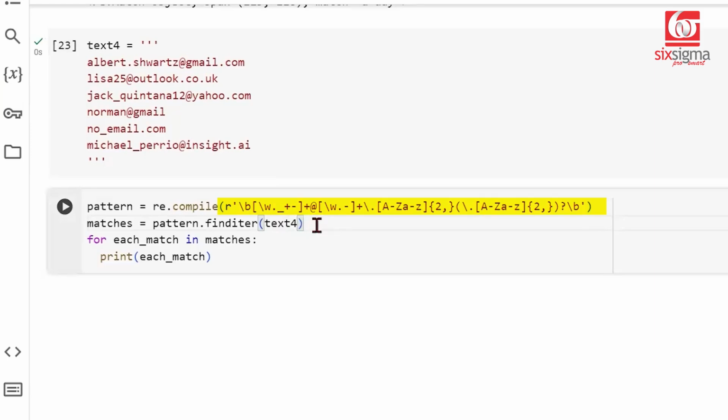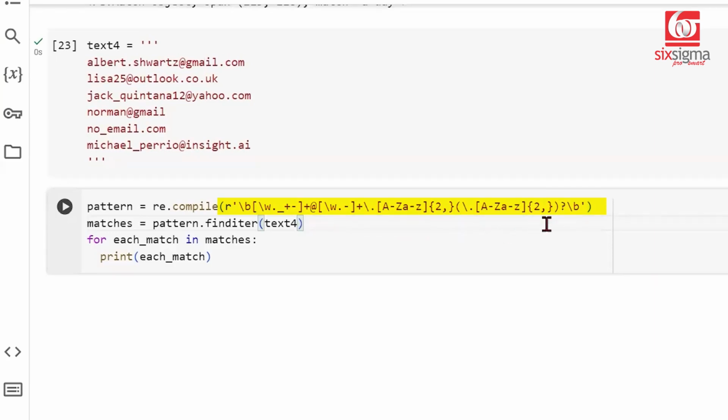And then we are saying @. So this is the @ symbol. And then again, we have a set which may contain a word character, dot, or hyphen, and it could have one or more occurrences, followed by a dot. Again, we are saying that we may have alphabets, lowercase or uppercase, 2 or more occurrences. When we just put the lower value and don't put the upper value, it may be any number of repetitions of alphabets.